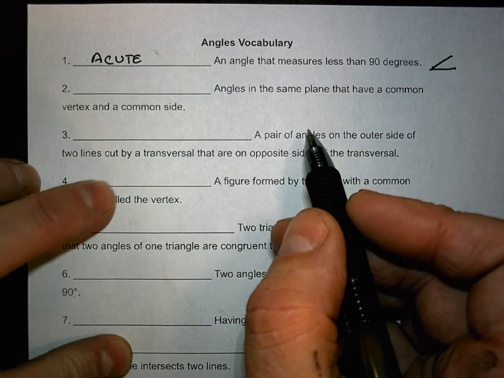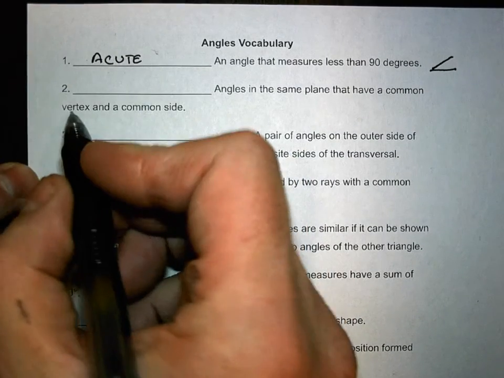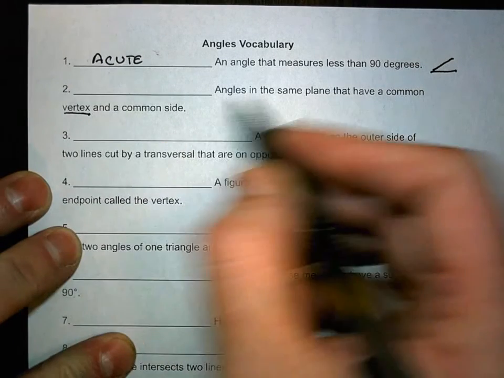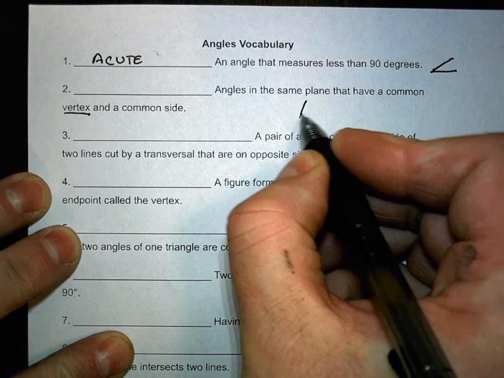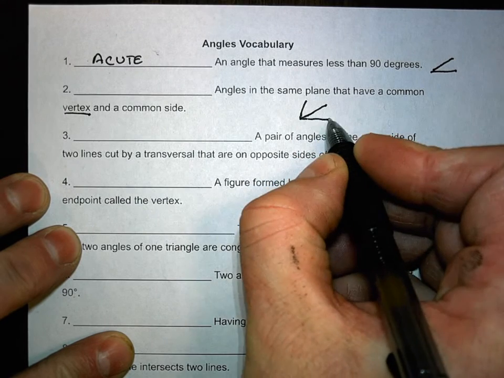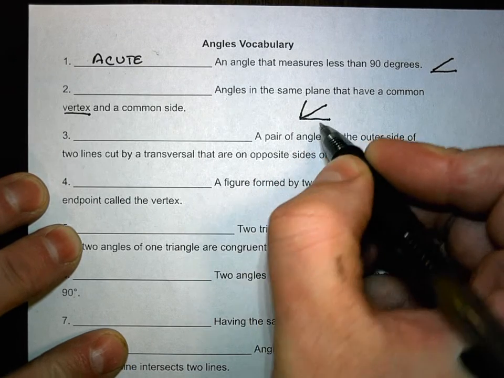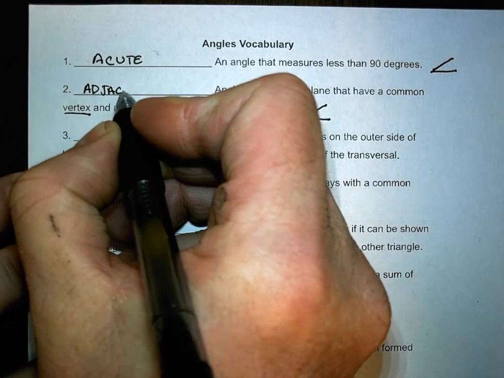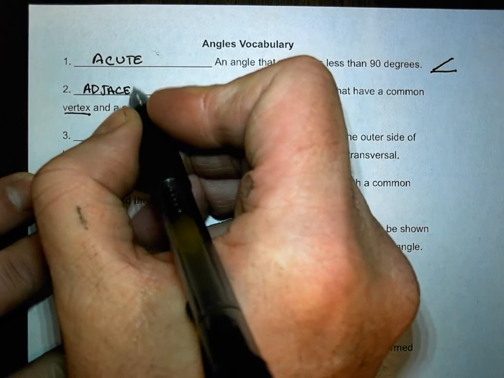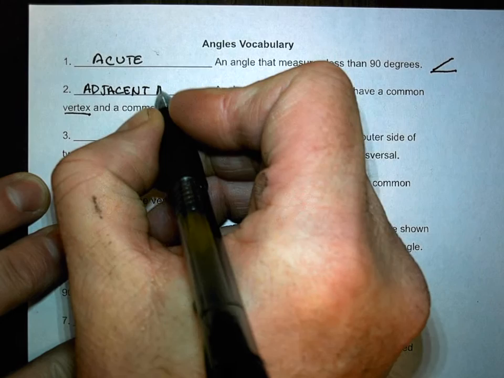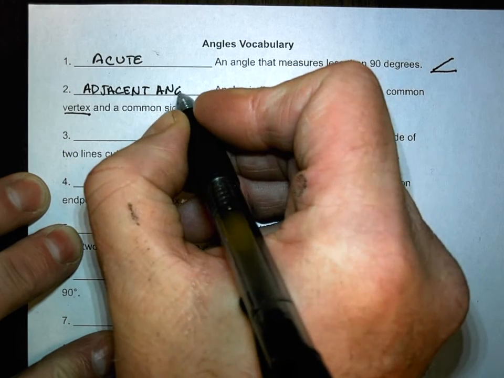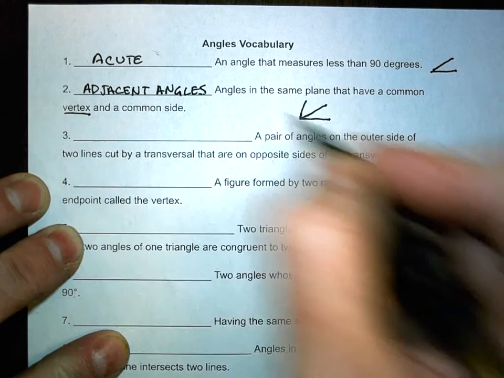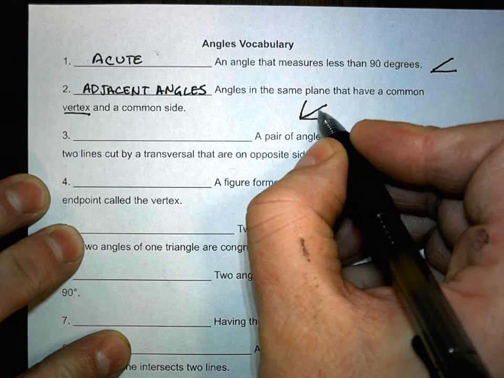So angles in the same plane that have a common vertex, we're going to get to what a vertex is, and a common side. So when you draw angles, I've got two angles. These angles are what we call adjacent. Hopefully I spell adjacent right. So these two angles are adjacent.